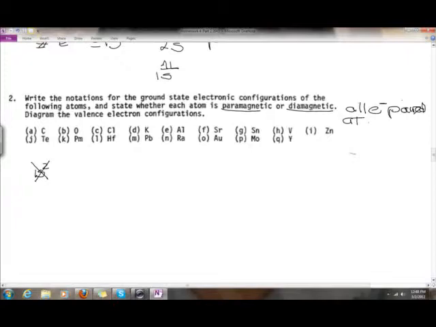At least one unpaired electron. I am going to do a little bit more complicated or longer one.